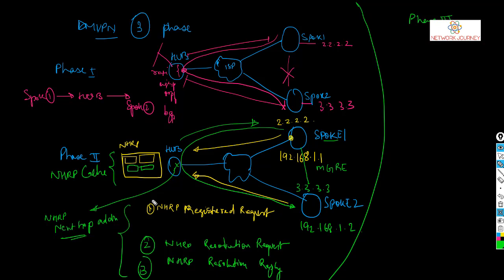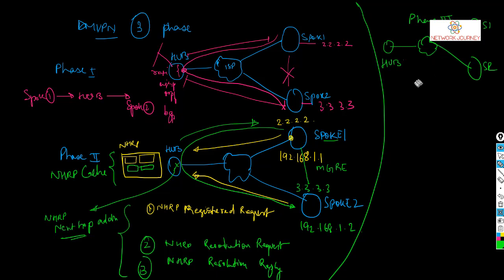So basically what happens here is, in the case of phase 3, we have spoke 1, spoke 2 and the hub. In phase 3, we don't care who the next hop is. We just send some packets first.